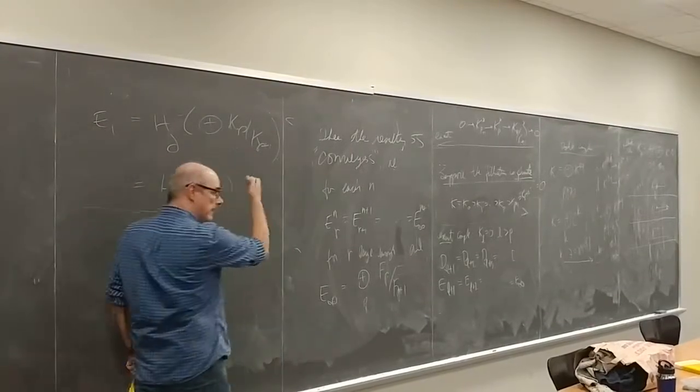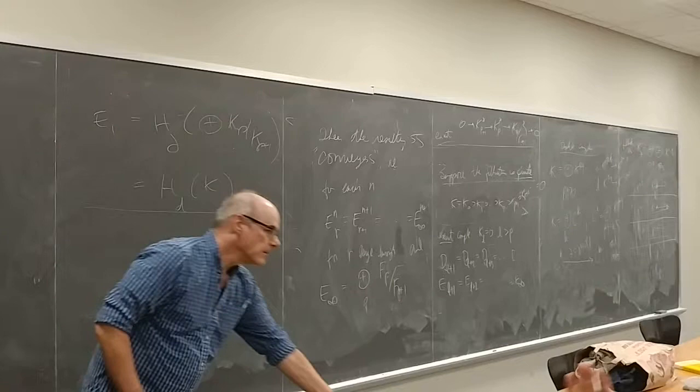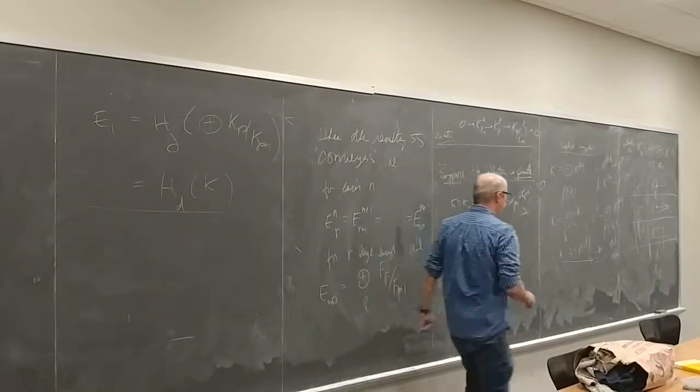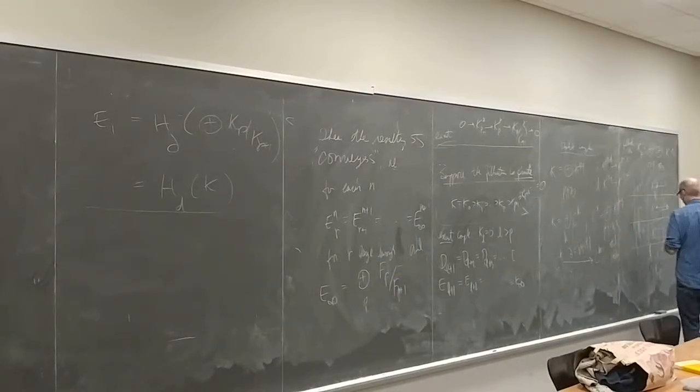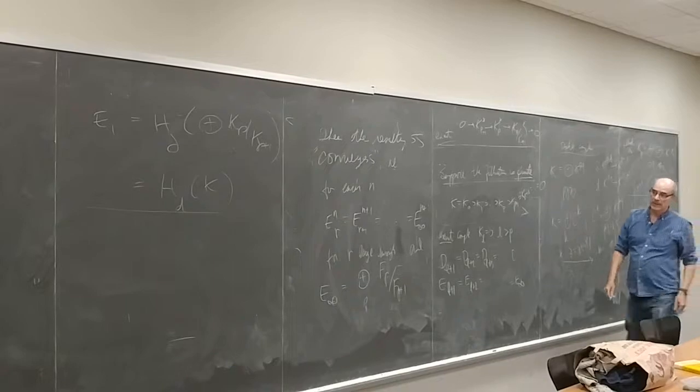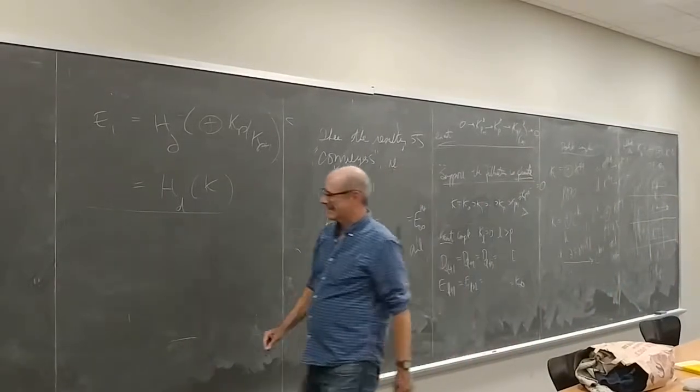So you can verify this. The filtration FP is Ki for i greater than or equal to P, so it's everything to the right. If I take FP mod FP plus 1, then the delta is 0 on that, but the D is not. So the E1 term is basically this.